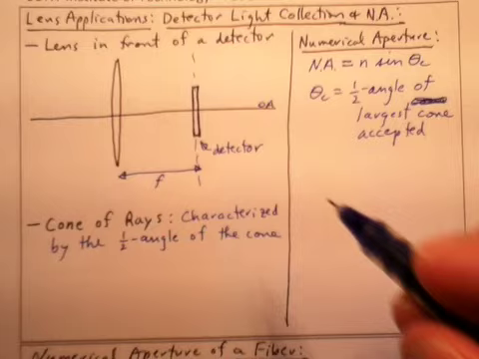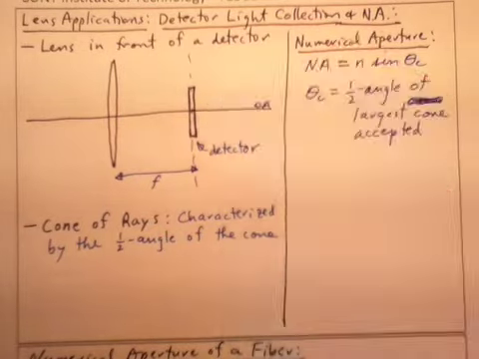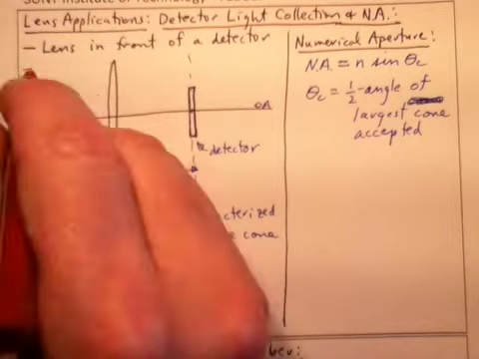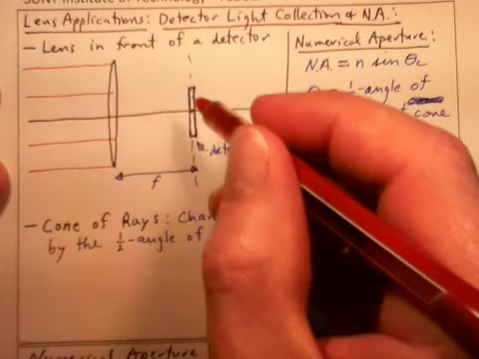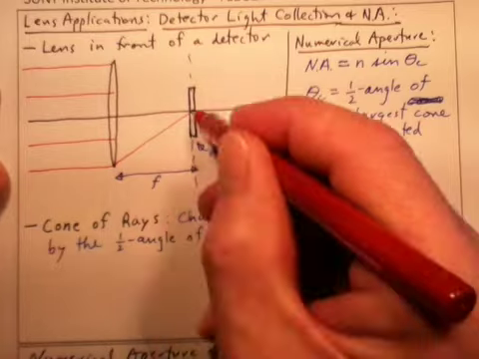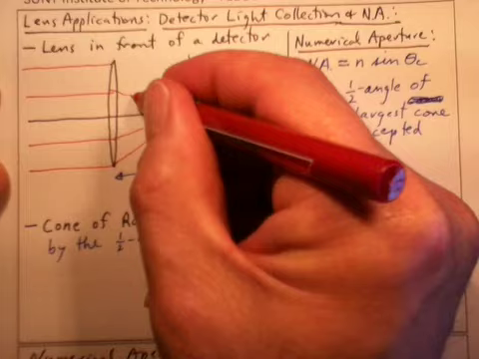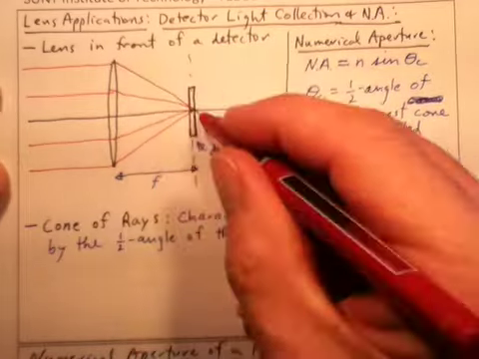The focal point of the lens is on the axis where the detector meets the axis. And so we know that parallel rays coming into this lens will be brought to a focus at this focal point. I won't show them continuing on any further. We'll assume they've hit the detector here.